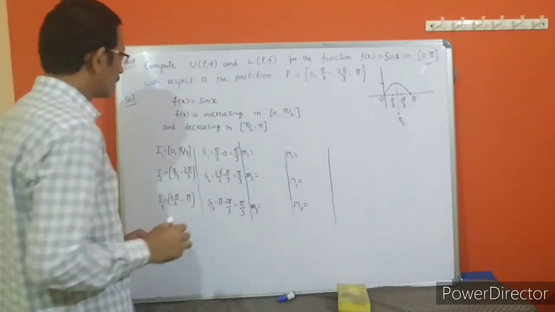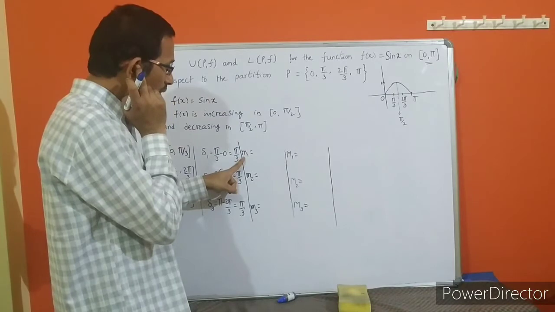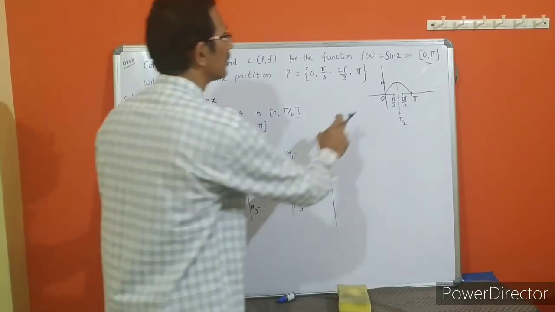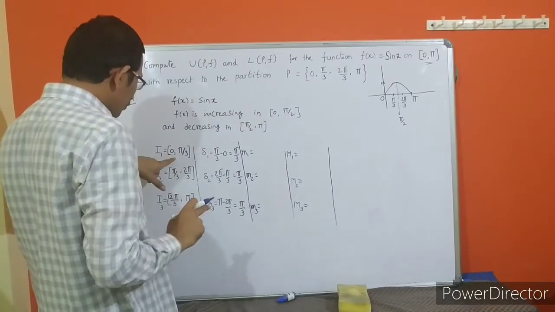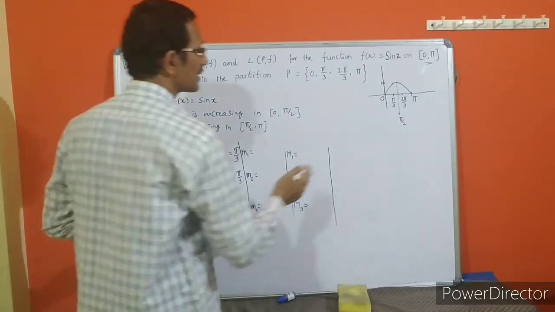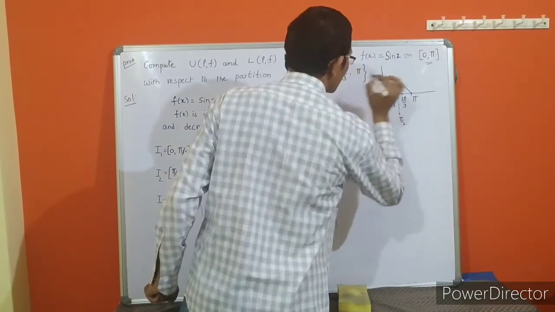Now see small m1. What is small m1? The infimum, or smallest value of f of x, that is sin x, in the interval 0 to pi by 3. Between 0 and pi by 3, sin x is increasing.